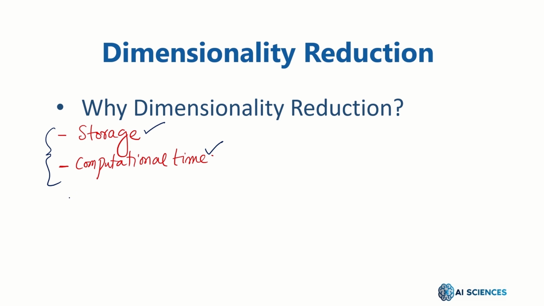The bigger bottleneck that higher dimensionality brings in is overfitting. The more dimensionality your data has, the more parameters the model you're going to fit tends to have.